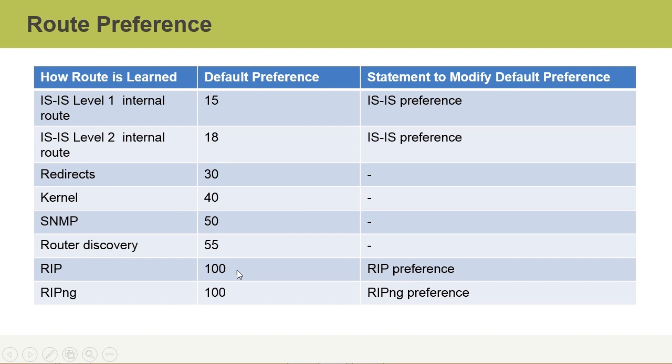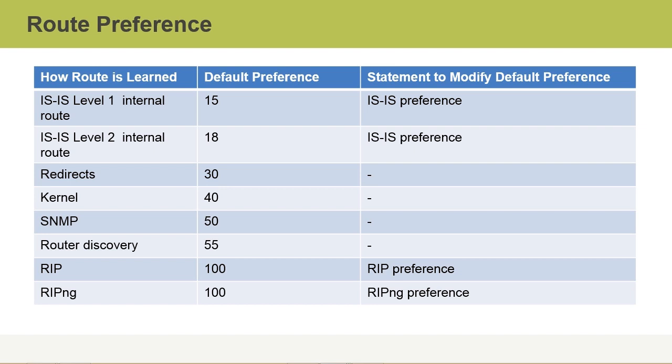OSPF is aware of the links, so it is using link state: it is bandwidth aware, link aware, and availability aware, which is a much smarter protocol, I would say, than an old routing protocol like RIP, which is distance vector. Remember, distance vector only knows about hop counts, so how far the network is away.